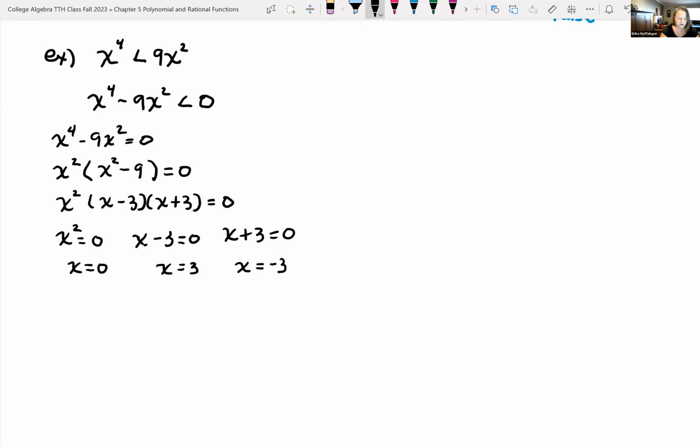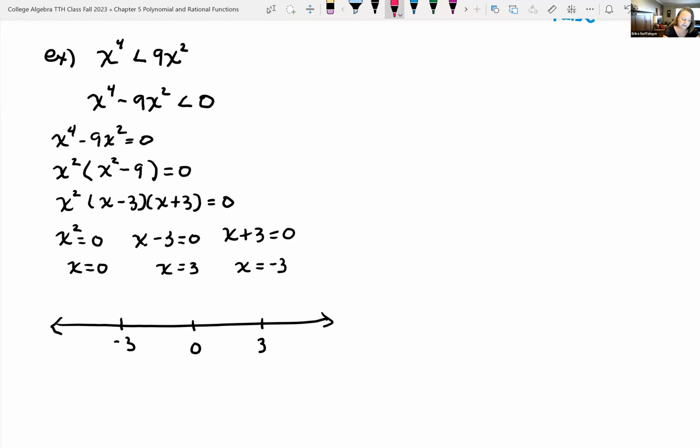Once we find those critical numbers, which we just did, you want to place them on the number line. Smallest to largest, I'm looking at negative 3, then 0, and then positive 3.